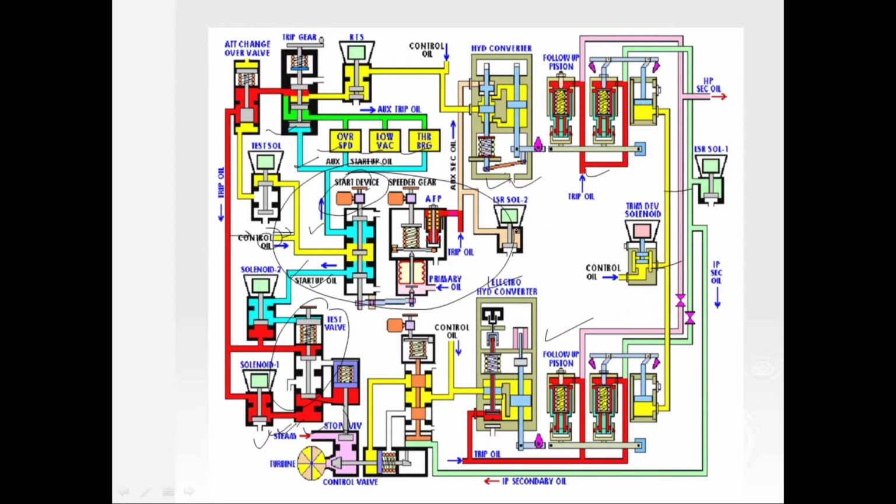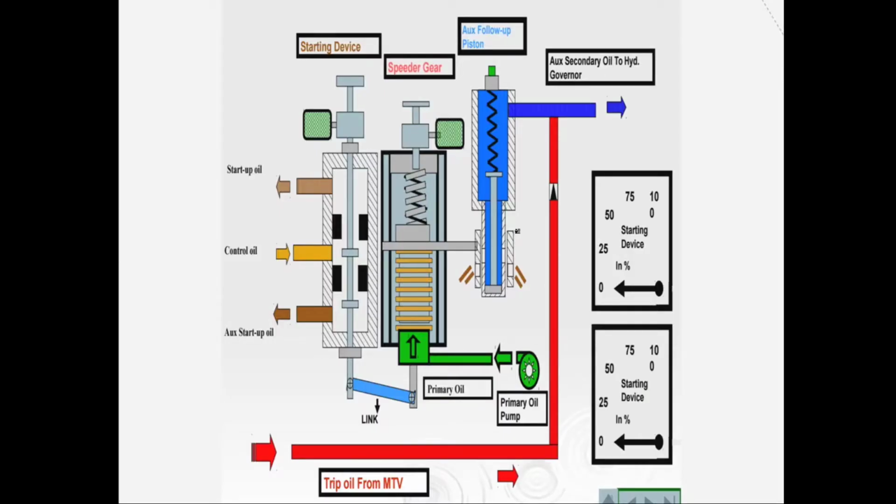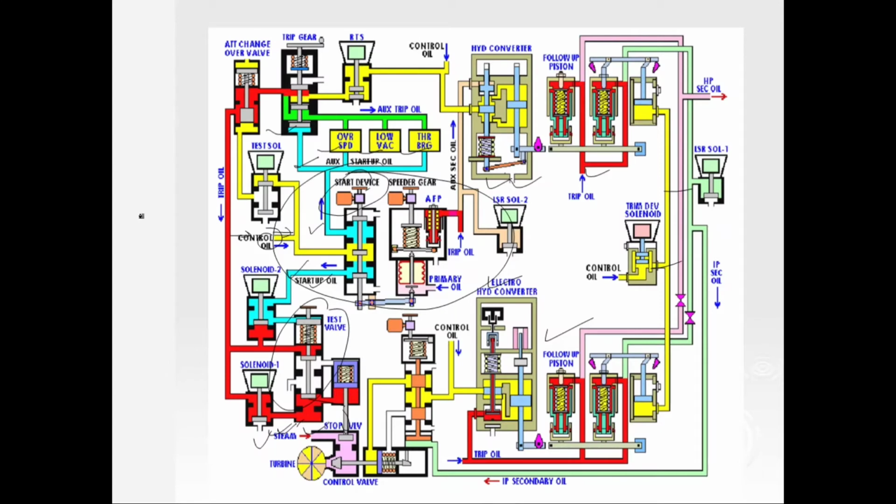I will cover how these things work in later slides, but first I am discussing how the starting device and speeder gear operate so that the turbine is reset, our stop valves open and our hydraulic protections are reset, how the speeder gear performs, and what the initial conditions for turbine resetting are, and many other related things. I'm covering only this entity right now.